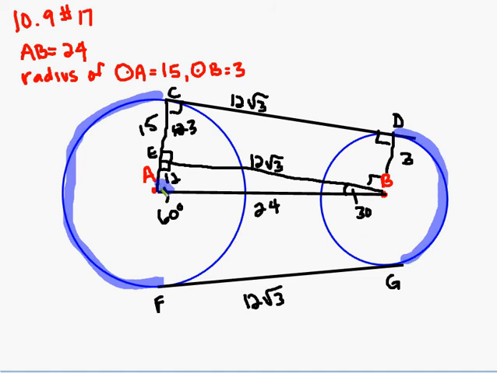This is 60 degrees. And if we had done the process of figuring out the external tangent length from F to G, we would have noticed that FAB angle is also going to be 60 degrees. So this entire length here is 120 degrees, which leaves us with 240 degrees covering the arc length of CF.